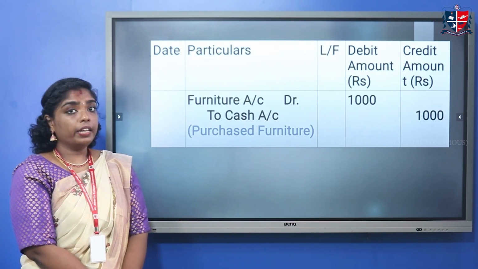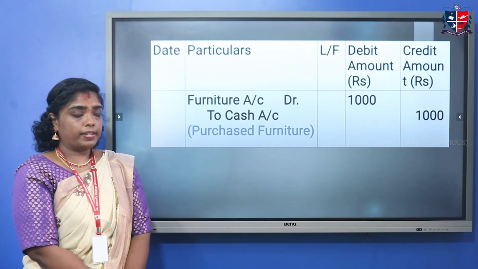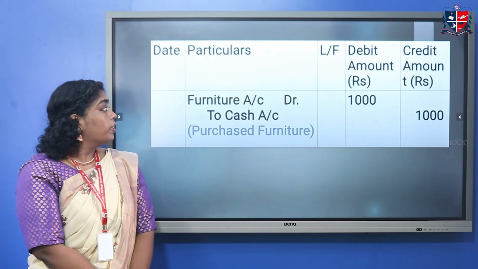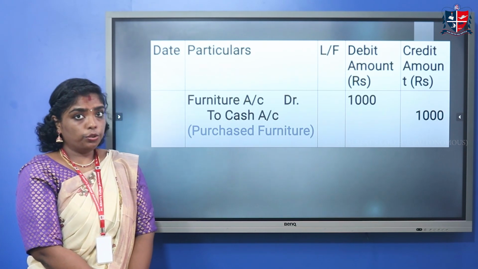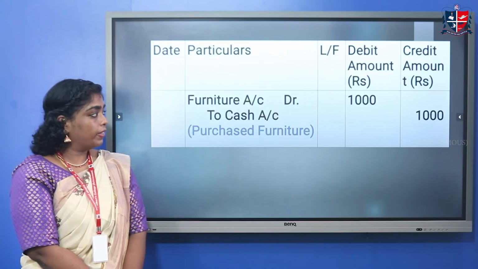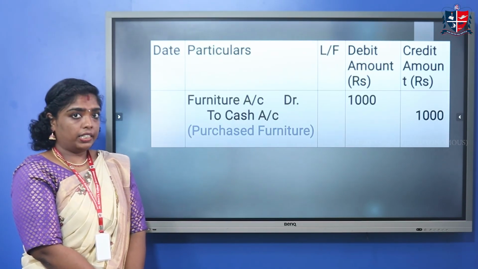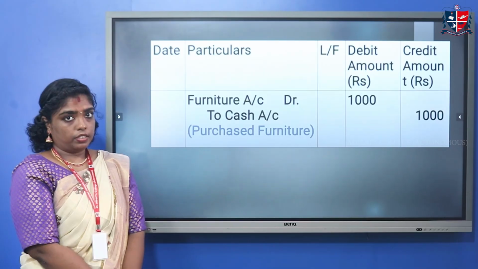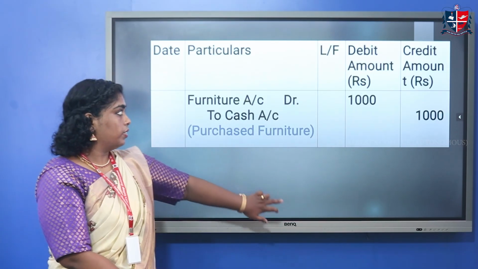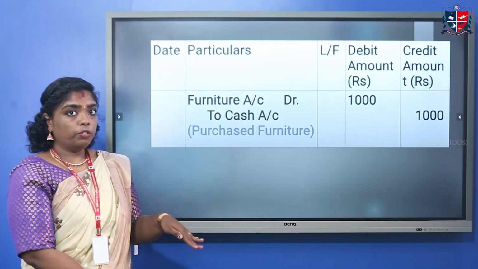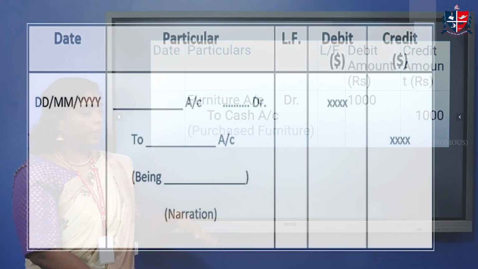So cash should be credited since it is also an asset, ₹1,000. So furniture account debtor ₹1,000 to cash account ₹1,000. And write the narration, that is, purchase furniture. This is a sample on how to record a transaction. We can look at other transactions in the coming sections.